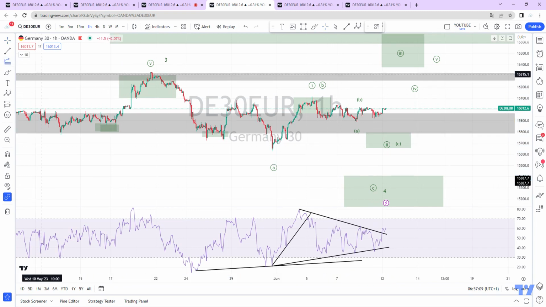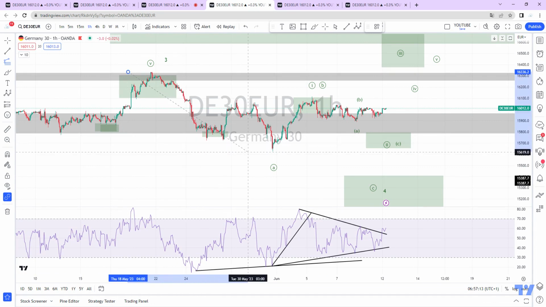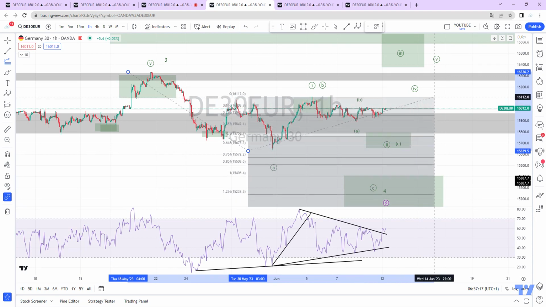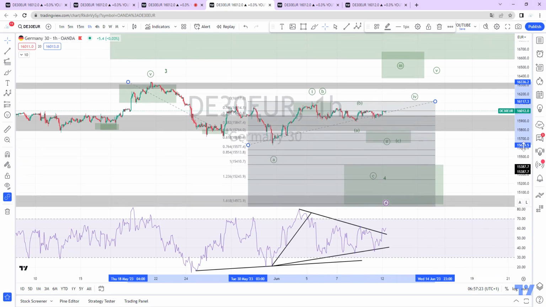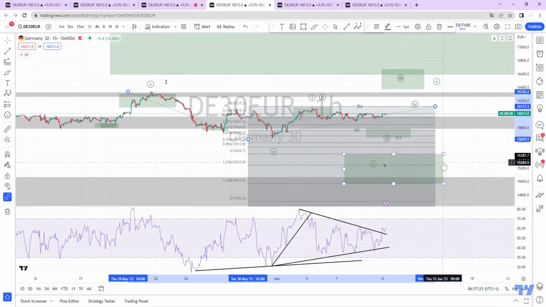If this turns out, then this area becomes your area to go long.